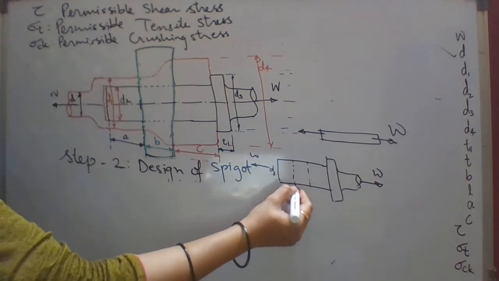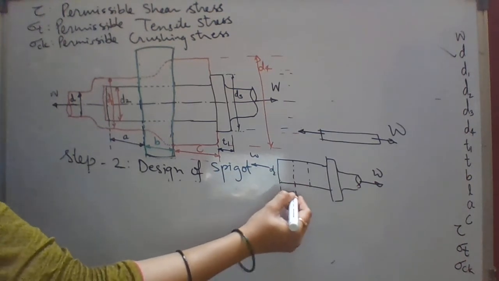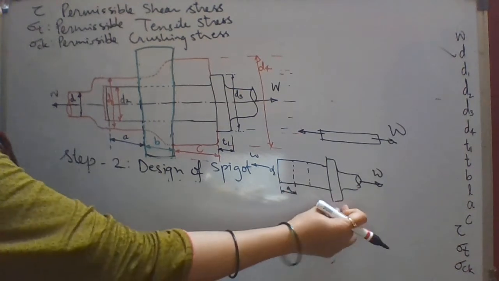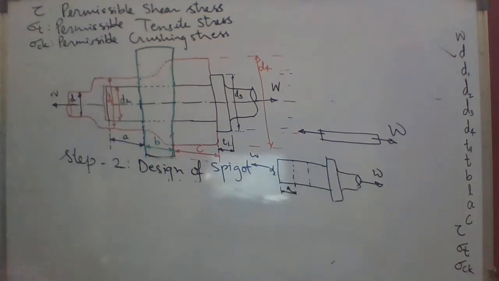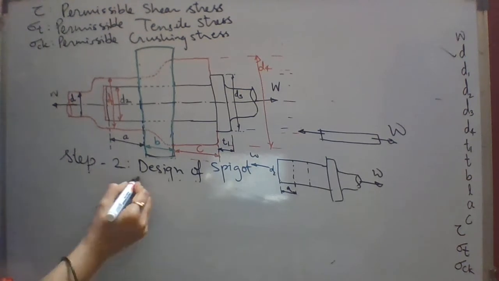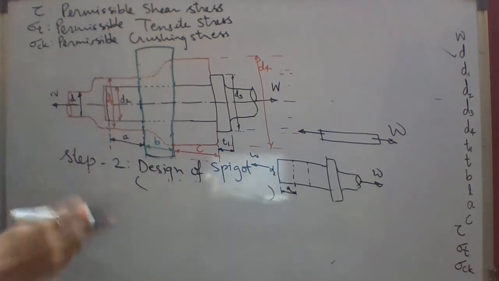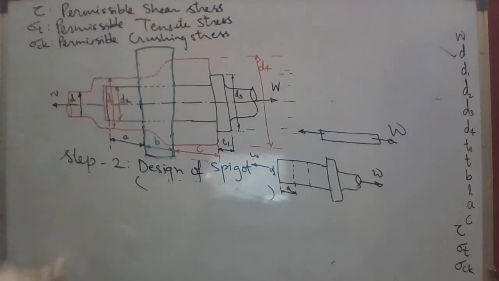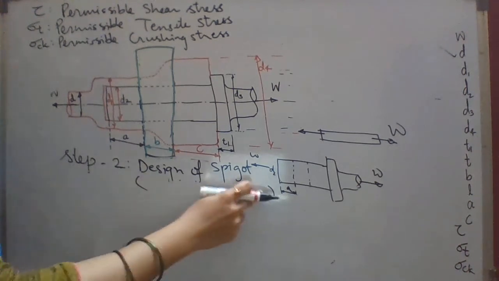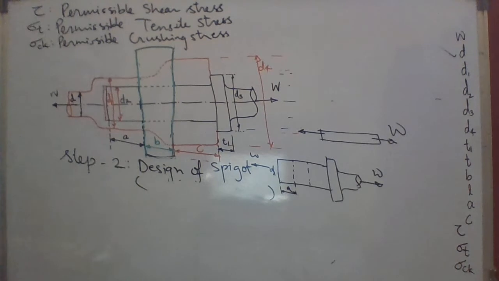This is the slot. This distance is A. This thickness is T1 and the diameter of the spigot collar is D3. You can write down all the alphabets which I have shown you in the list of steps. All those dimensions or diameters we are going to find out in this step.